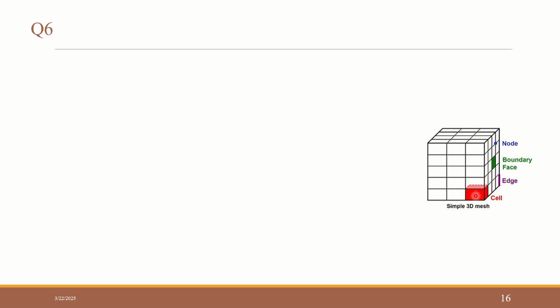This we call a cell, this entire thing we call a face, boundary face, the lines along it we call edges, and the points we call nodes. So the terminologies are these.